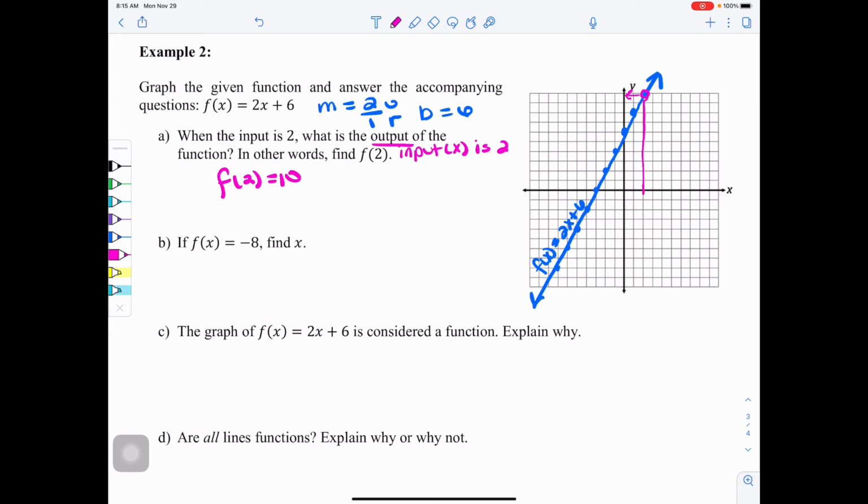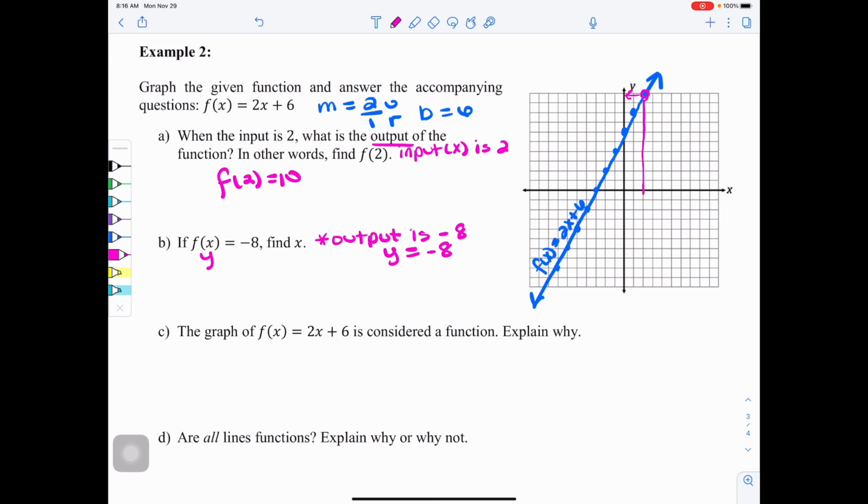If I look at part B, it says if f of x equals -8, find x. So f of x, remember, is the same thing as y. They're telling me the y value is -8. So in this example, they've given us the output is -8, which means y is -8.